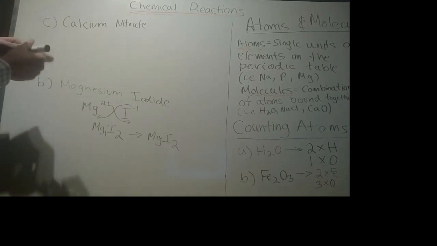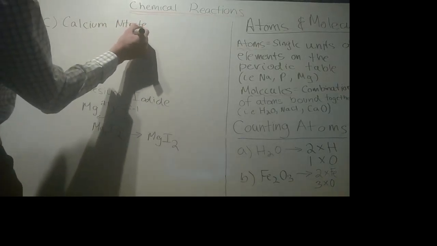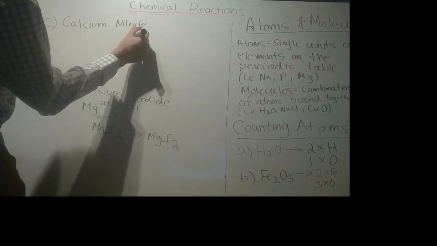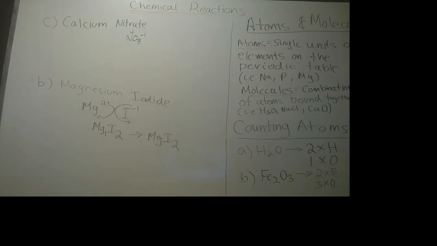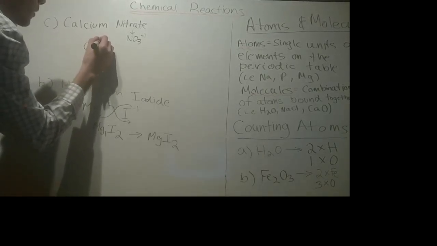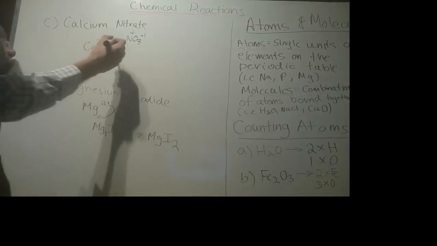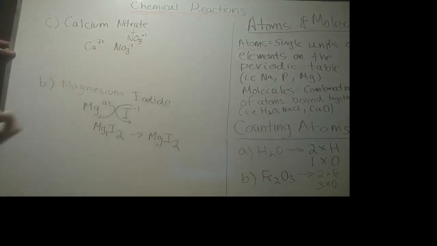Just like in the previous example with the hydroxide, it was OH, calcium nitrate. The nitrate ion has 3 oxygens on a nitrogen with a total charge of -1. When we write the compound name, we again write calcium with its +2 charge, but now we write the whole nitrate ion together with its total charge.